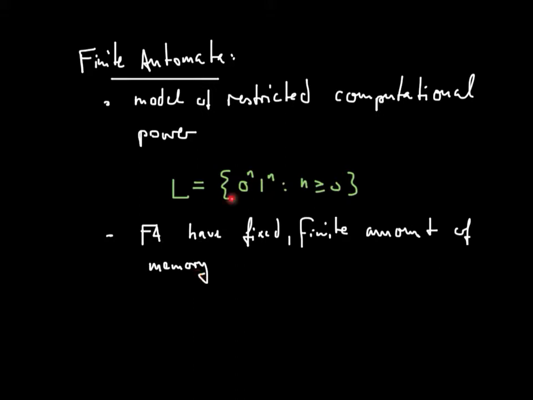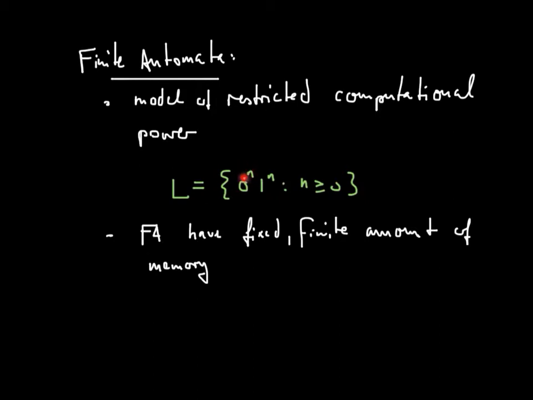And for recognizing this language, you would have to have a variable amount of storage or memory available, because what you would have to do is read the input, count the number of zeros at the beginning, store this number, and then once you start seeing ones, count the number of ones that you read against that counter that you stored before.